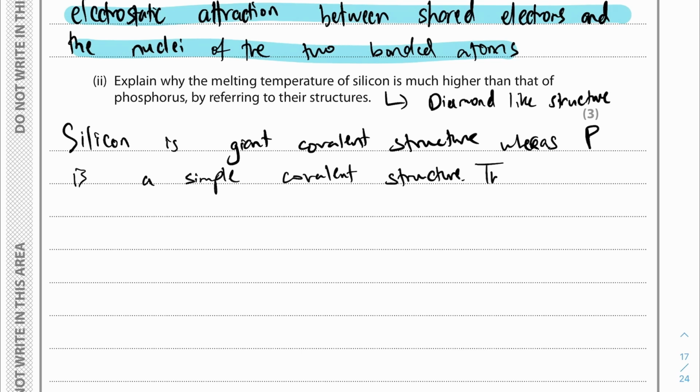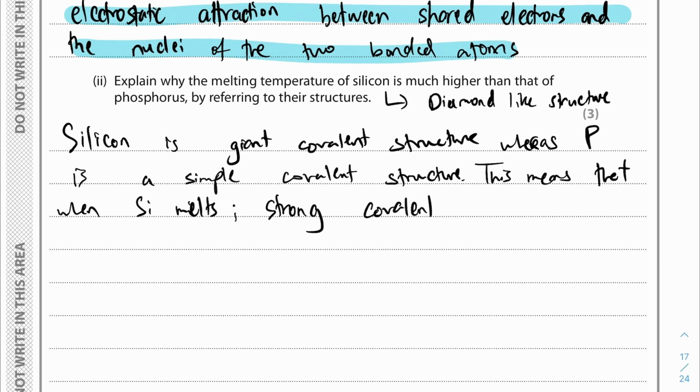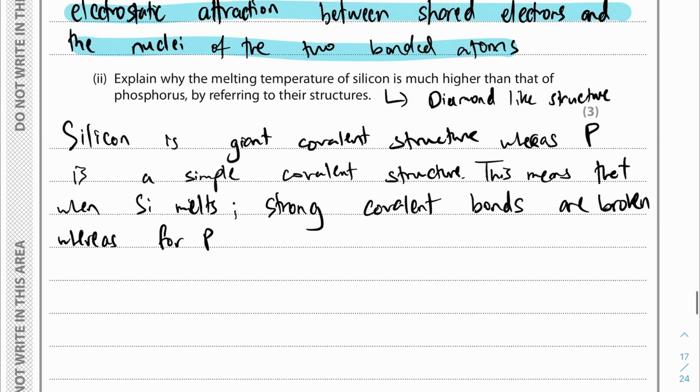This means that when silicon, Si, melts, strong covalent bonds are broken, whereas for phosphorus only London forces are broken, which is easier to break by far, right?